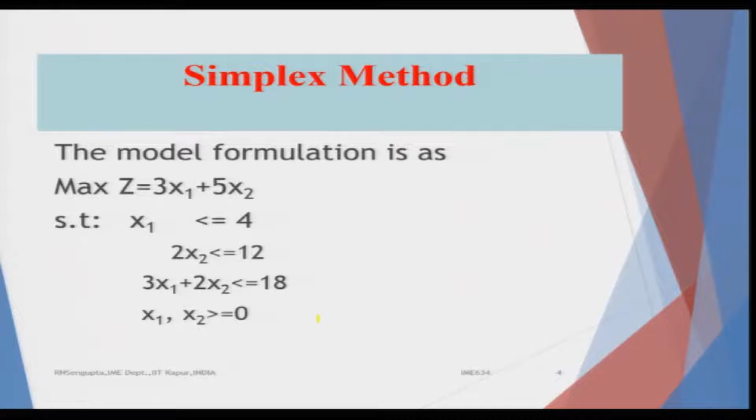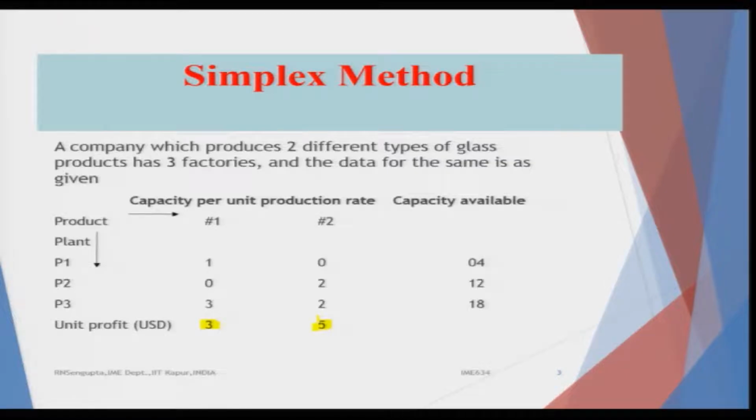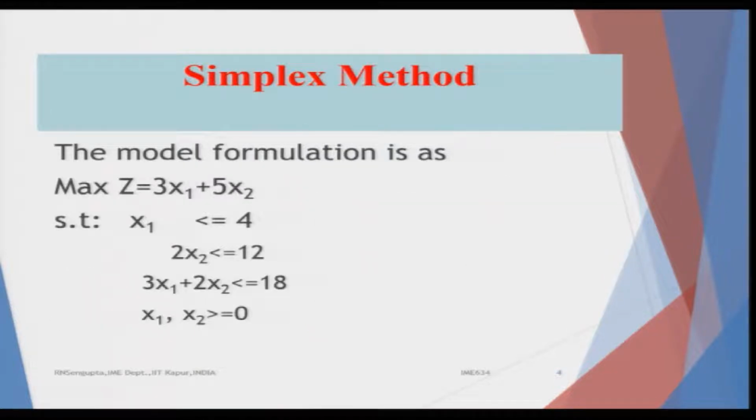So, if you are producing x 2 units, the consumption will be 2 x 2. And why is it 12? Because on the right hand side the utilization constraint in plant 2 is 12. So, it is 2 x 2 is less than equal to 12, and for plant 3 the total utilization is 18, corresponding to 3 units being consumed by product 1 and 2 units being consumed by product 2. So, it is 3 x 1 plus 2 x 2 is less than equal to 18.